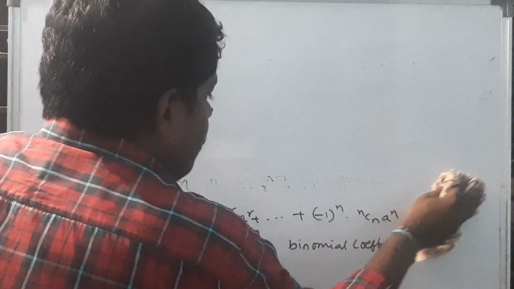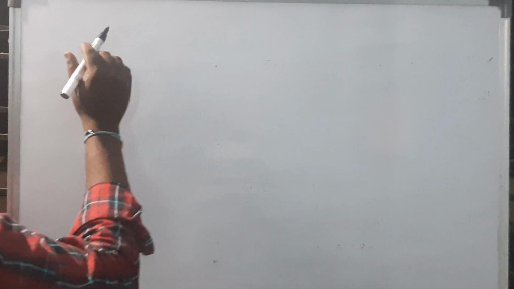The general term in the binomial expansion is nothing but the (r + 1)th term. The (r + 1)th term is called the general term.